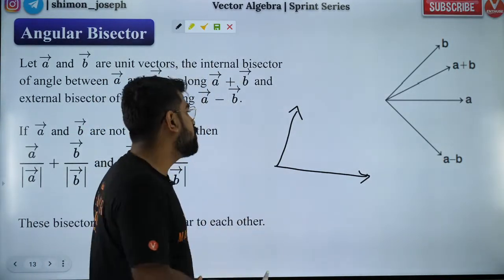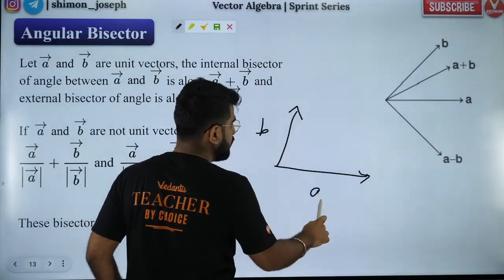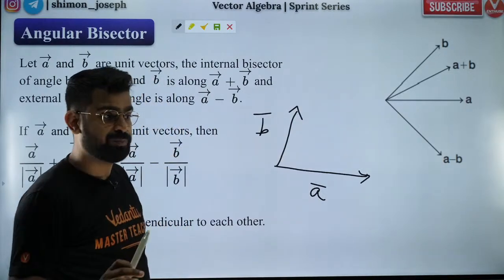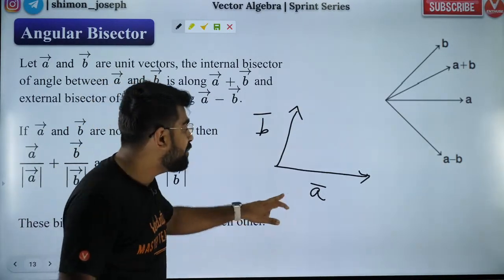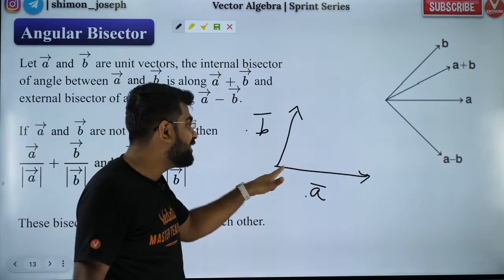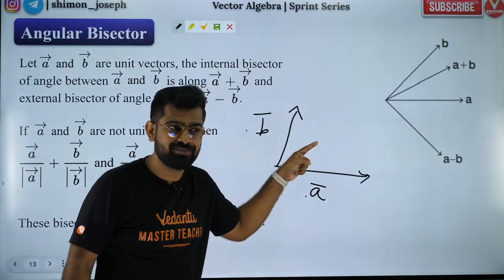So, sir, you told us that if A and B are of different magnitude, then this A plus B vector will shift towards whichever is greater in magnitude. But if I make the A vector and B vector the same magnitude, then the resultant will be exactly the angle bisector.